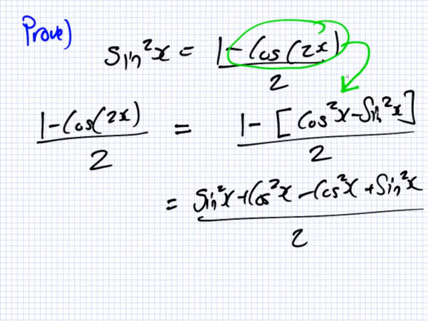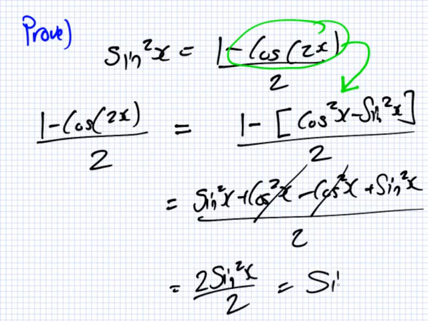Okay, so what happens here? Well, those cos squareds cancel, and you get 2 sine squared x over 2, which is sine squared x.